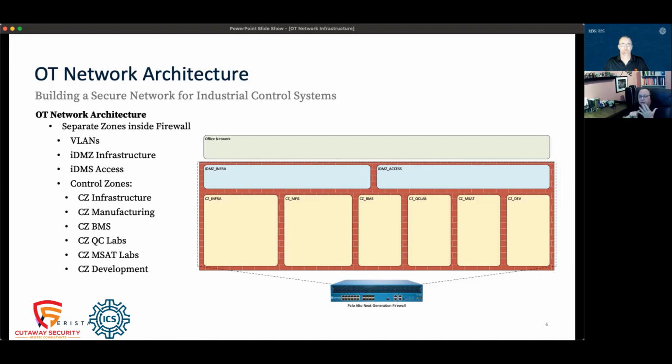And that conduit is based on port numbers and protocols and all that kind of stuff. So if you need to talk from the IDMZ infra zone into the CZ manufacturing zone, you need a firewall rule. So if you need to talk from manufacturing to BMS, you need a firewall rule.